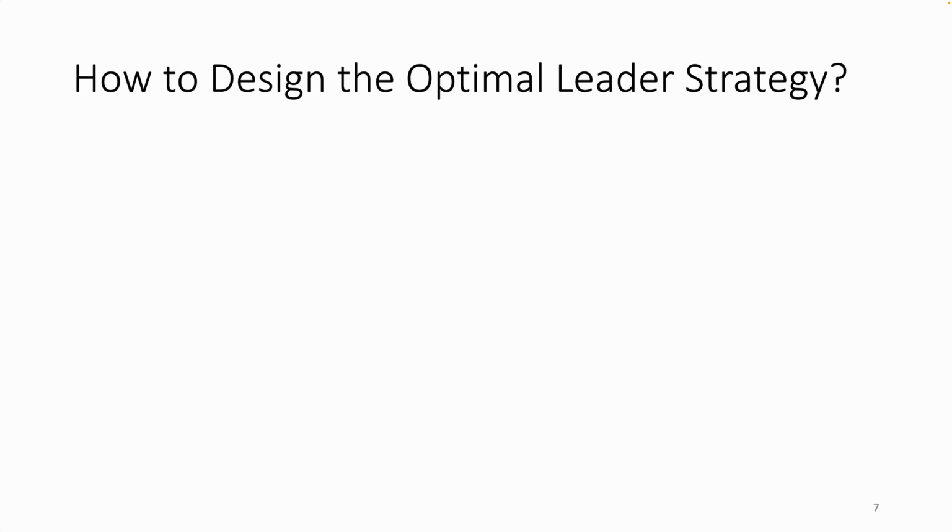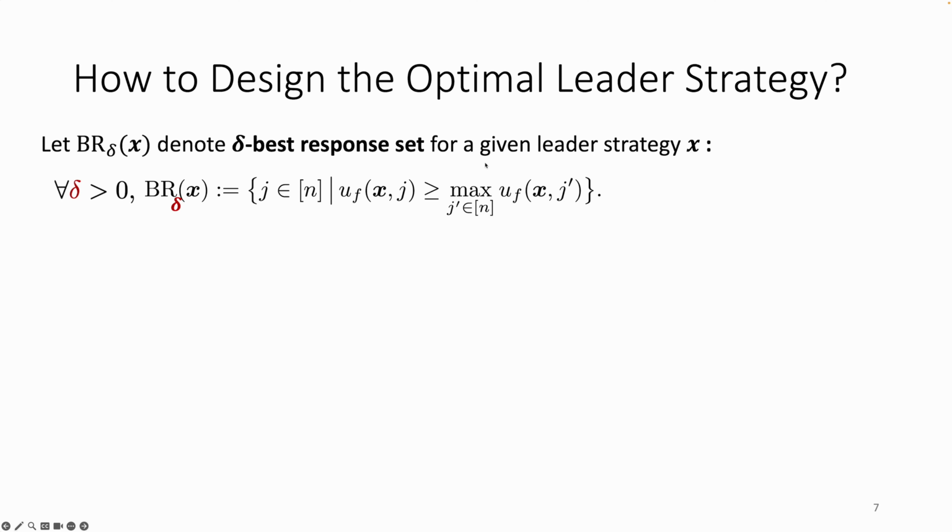To introduce our robust solution concept, let's first recall the definition of best response set. We use the notion called delta best response set, where for any delta greater than 0, this delta best response set contains all actions that are within utility gap delta to the optimal response.